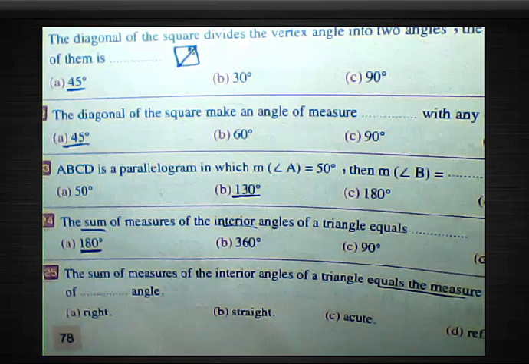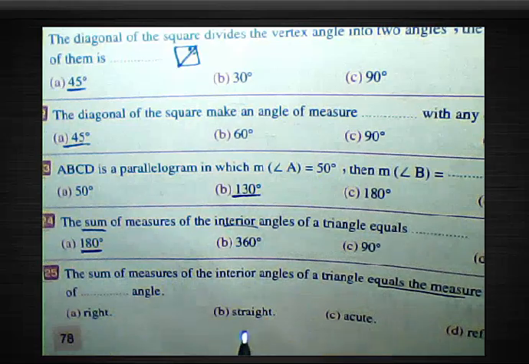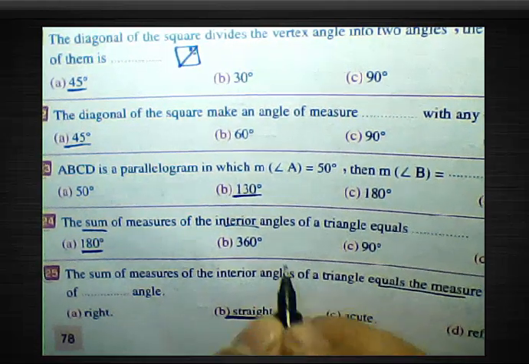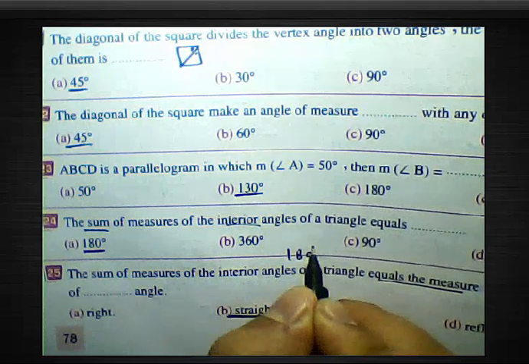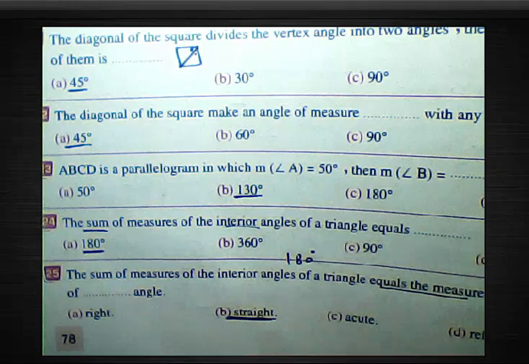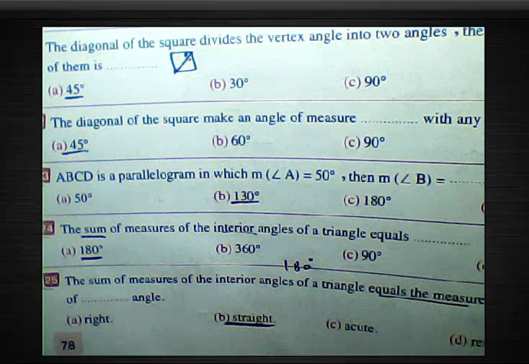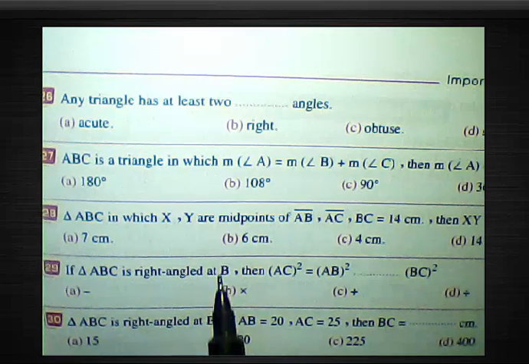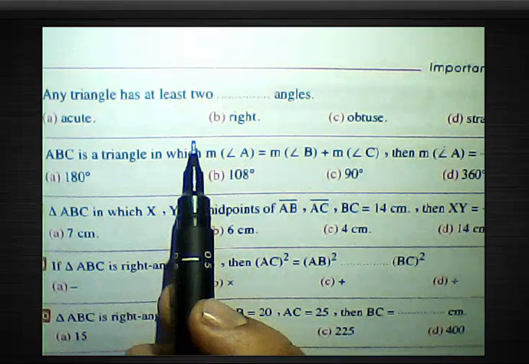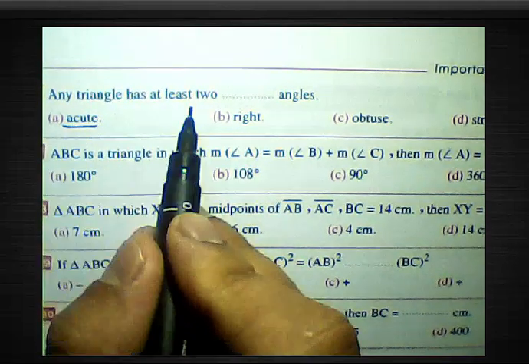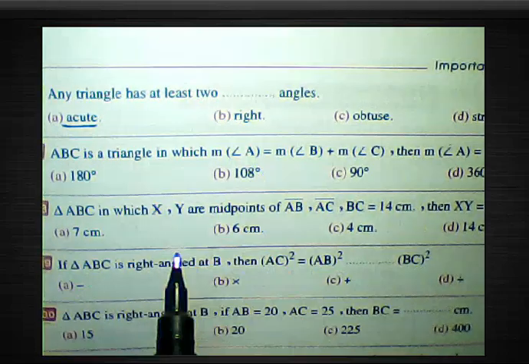So 180 equals the measure of a straight angle, because the measure of a straight angle equals 180 degrees. Any triangle has at least two acute angles.